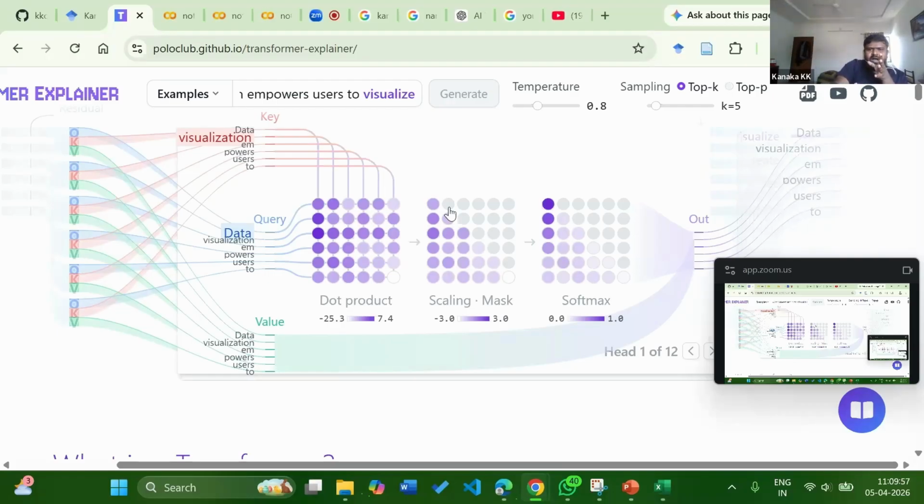After doing this attention, the model would already be guessing the future word. For example, here the output is the word visualize. The visualize word is actually present in the ID numbers.